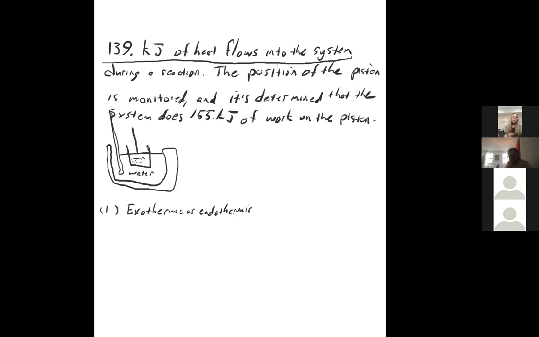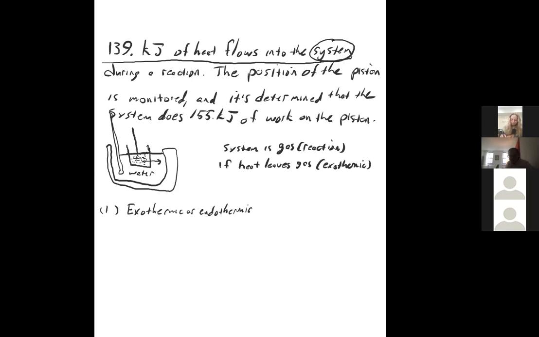When they use this word system, the system is the gas, which is the reaction. The reaction is occurring in the gas. So it's right here. If heat leaves the gas and goes into the water, that's exothermic.